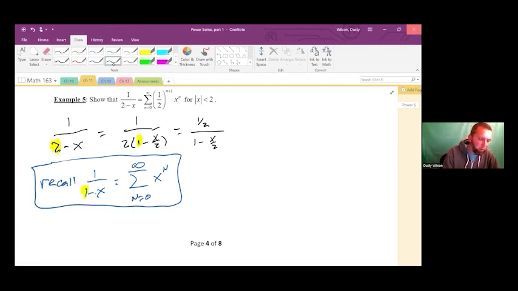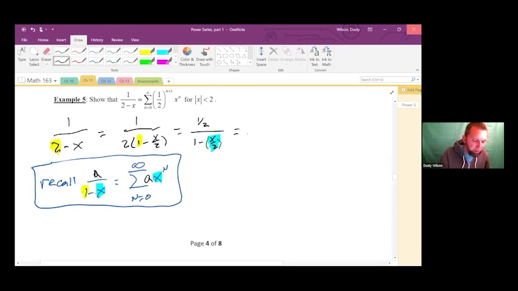What I want to point out is this x over 2 really could fit in place of the x in the original formula. And so it can go into the power series. Furthermore, we could just multiply the whole thing. Remember, we had that other variant of our formula where there was an A in the numerator, and that's just going to put an A out front in each term of the power series.